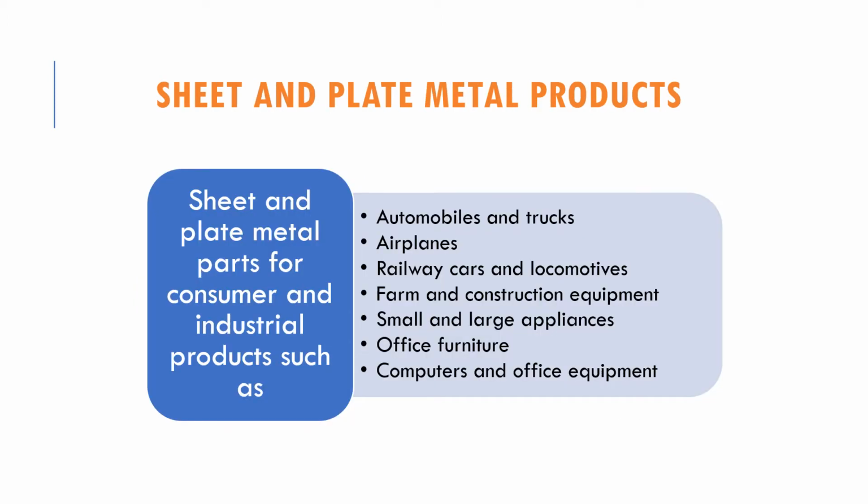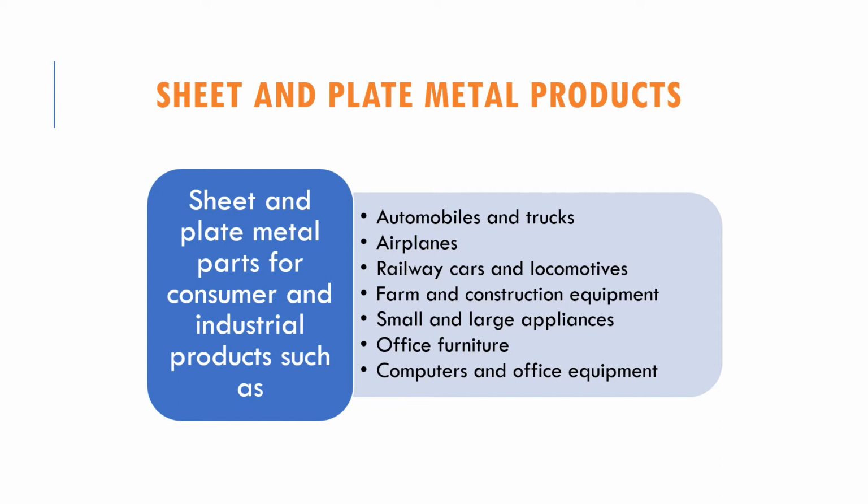Sheet and plate metal products are usually used in the automotive and truck making for the body, and they are also used in the airplane industry as the body of the airplanes itself.